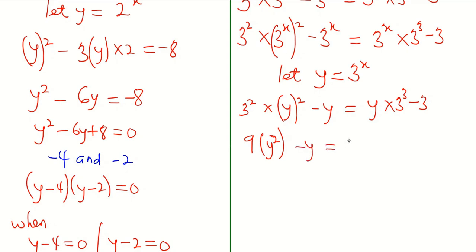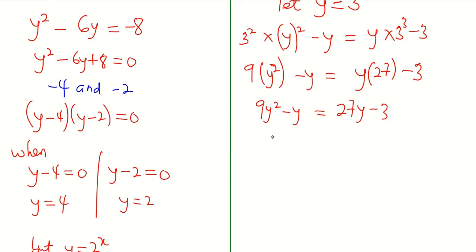Now we know 3 exponent 3 is 27, which means y is being multiplied by 27, and then we have minus 3 here. So at this point, we have 9y squared minus y, and then we have 27y minus 3.